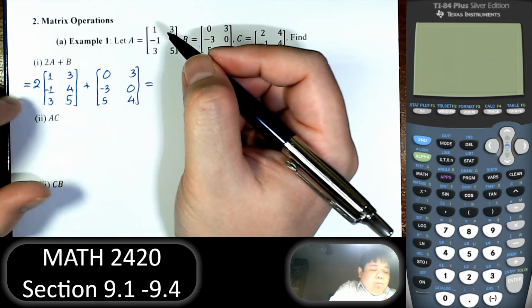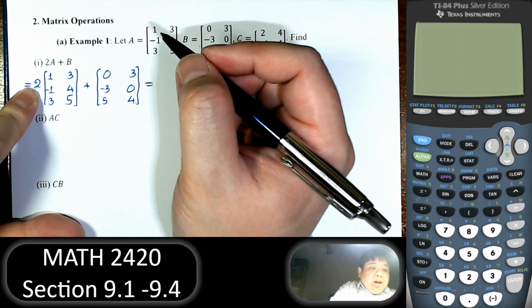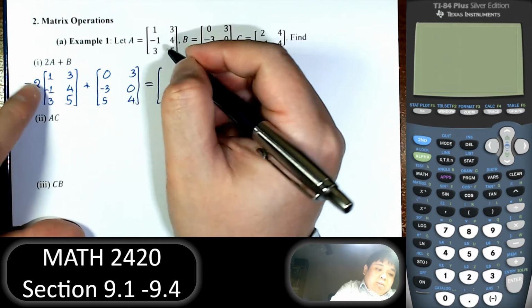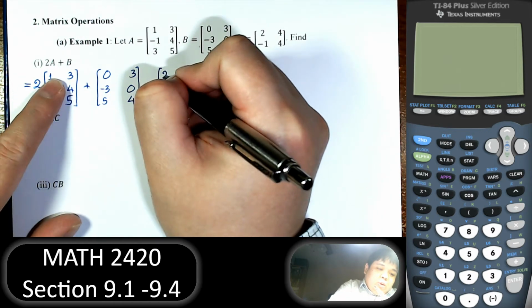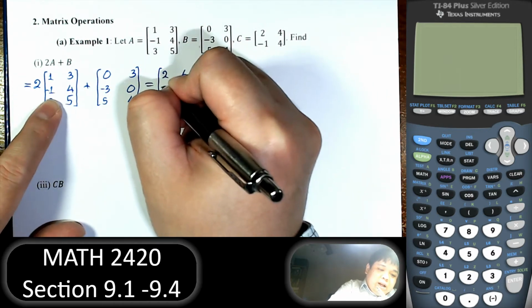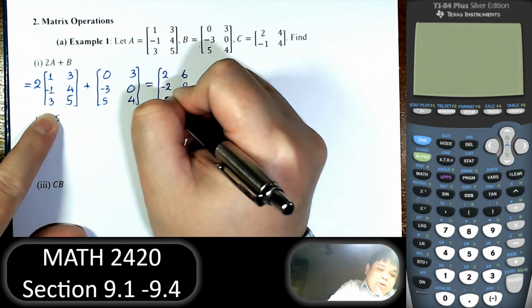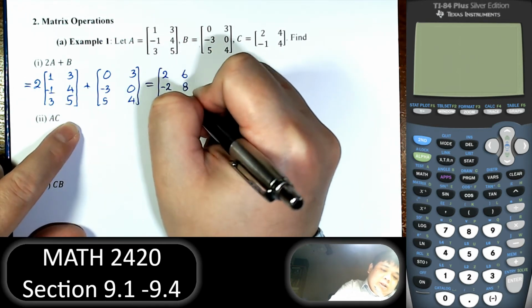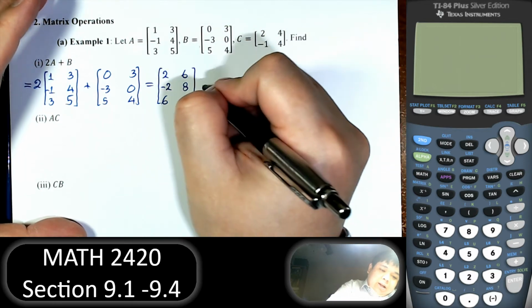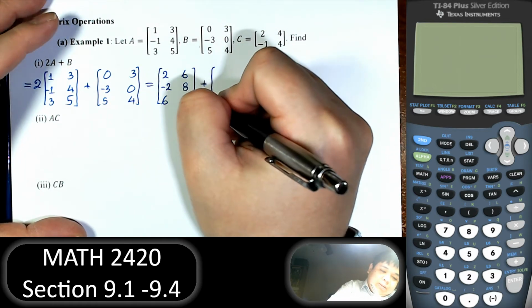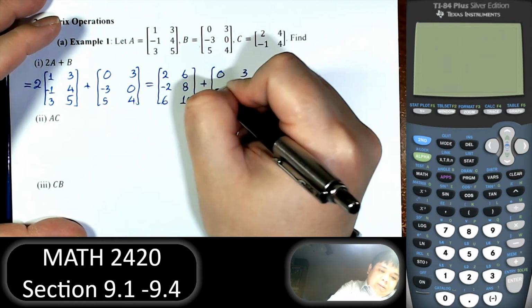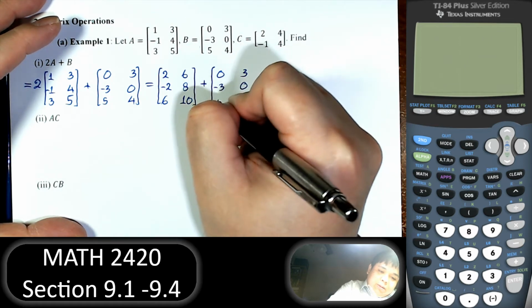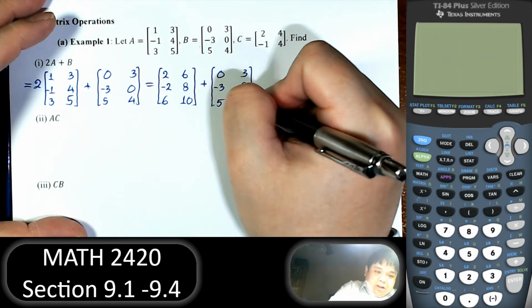So when we multiply a number to the matrix, we multiply the number to every entry of the matrix. 2 times 1 is 2, 2 times 3 is 6, 2 times negative 1, 2 times 4, 2 times 3, 2 times 5. And then add the matrix.